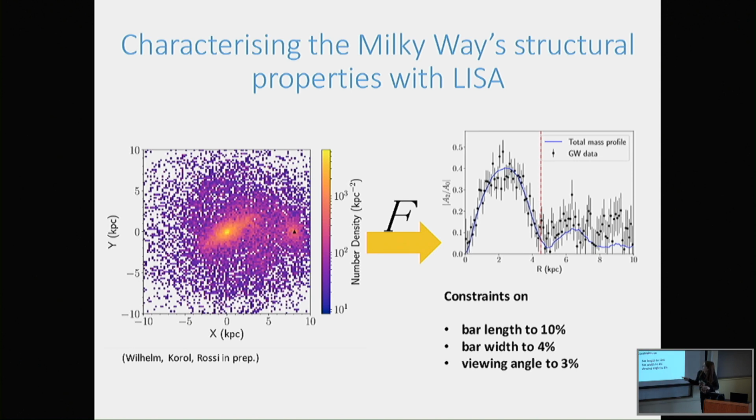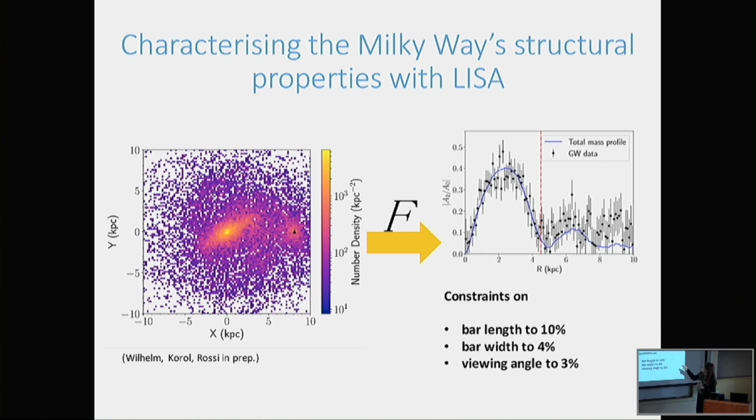And here I'm showing the M2 Fourier mode normalized to M0, where M0 is just the total mass of the galaxy. So you see this first peak that rises from the bar, and the bar length is of around 4.5 kiloparsec. And the second peak rises from the spiral arms.